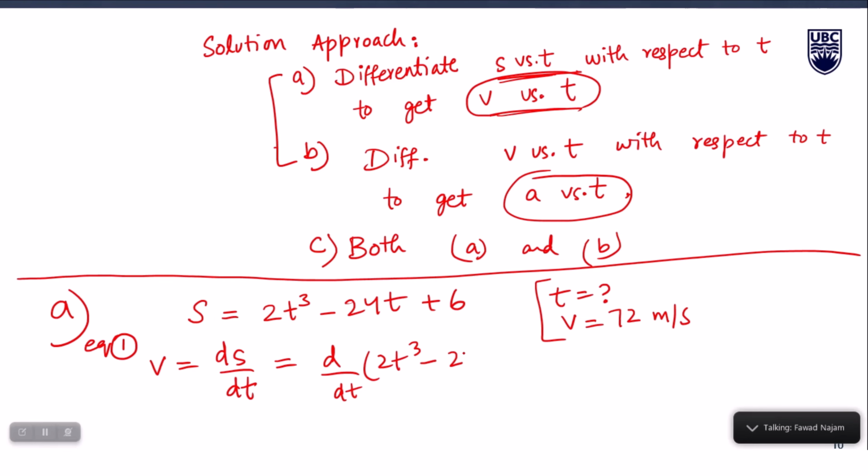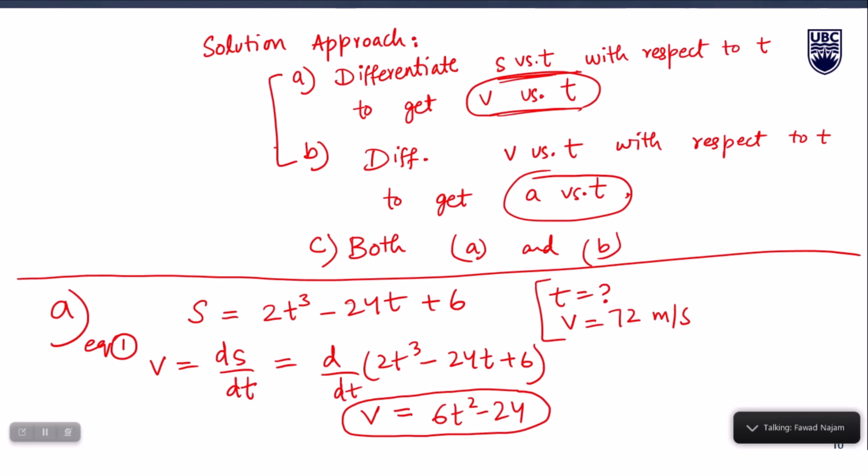This should give you the equation for V, and that is 6t square minus 24, right? This is the first derivative of S with respect to time, and that is velocity. So now this is a 2-degree polynomial, a quadratic equation in T, which relates velocity for any time t.